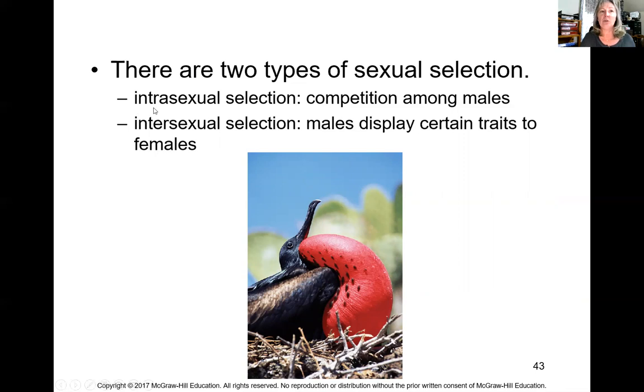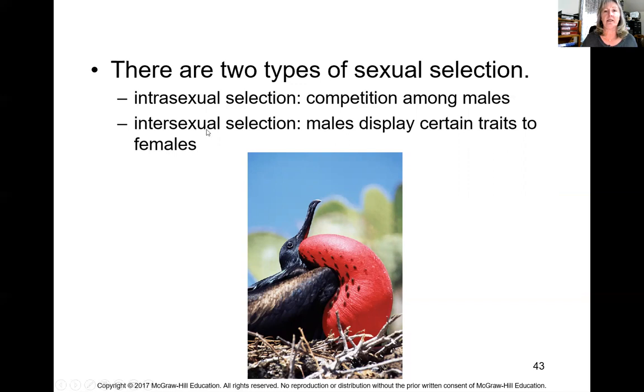But when it's between two males, like in baboons, you have two males that will fight and compete to be the dominant male. That's called intrasexual selection. It's when it's between males, fighting among males.